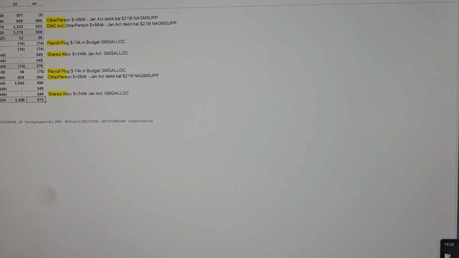Okay. I mean, is there another reason? Because I'm showing current forecast versus budget. Do you mean for all of R&D? Overall, yeah. Well, for those three areas.